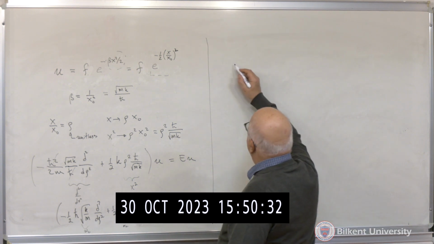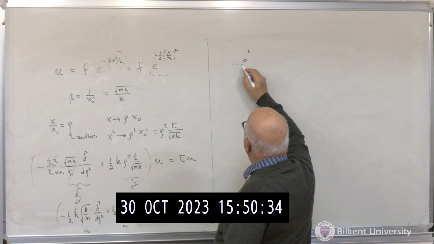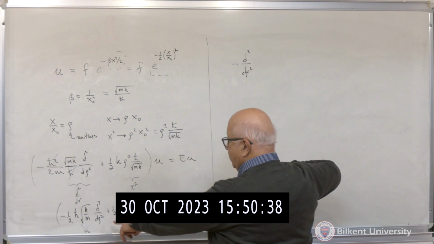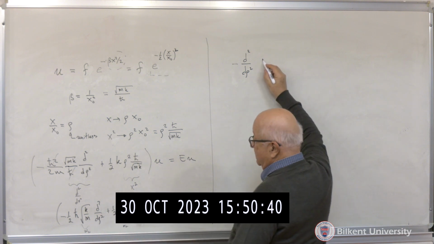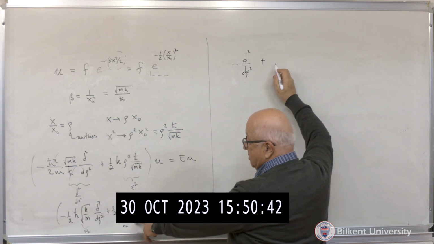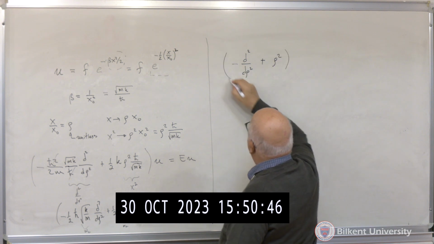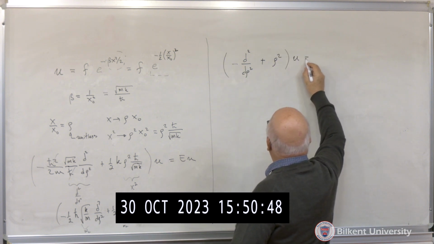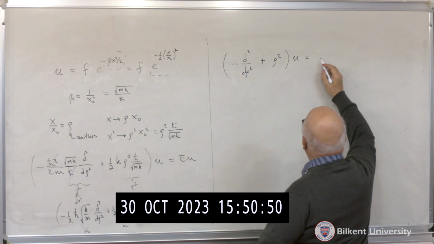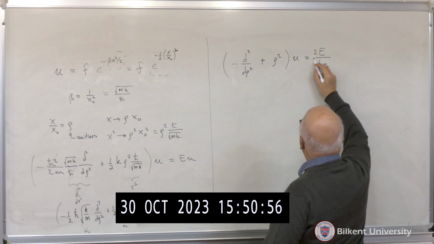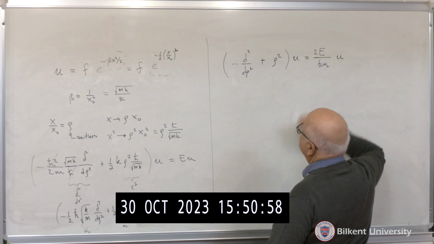I'm going to get minus d squared d rho squared plus just rho squared u is going to be equal to e over h bar omega c over 2 times u.